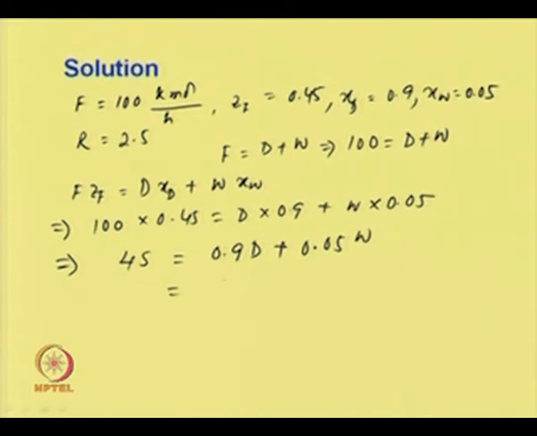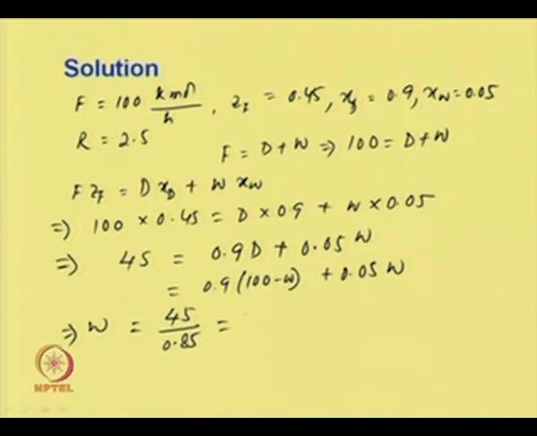Now, putting the value of D, D is equal to 100 minus W. So, we can write 0.9 into (100 minus W) plus 0.05 W. From this we can write W is equal to 45 divided by 0.85, which would be 53 kilomole per hour. So, we can get D is equal to 47 kmol per hour.